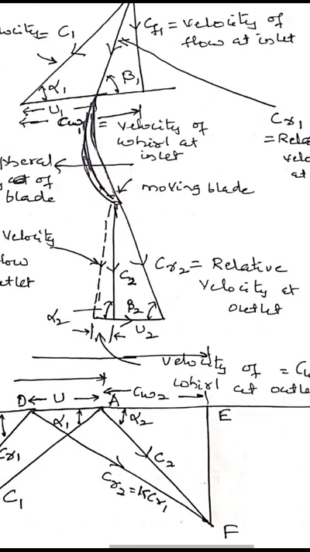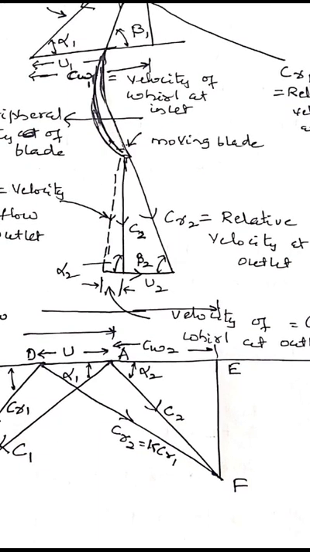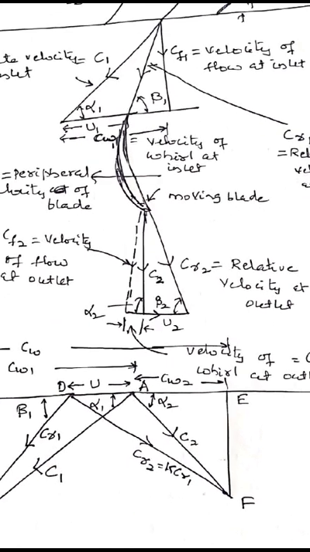Then adding U2, the velocity of the blade at outlet, to CR2 gives C2. C2 is inclined at an angle of alpha 2 with the horizontal. The angles made by CR1 and CR2 with the horizontal are beta 1 and beta 2 respectively.